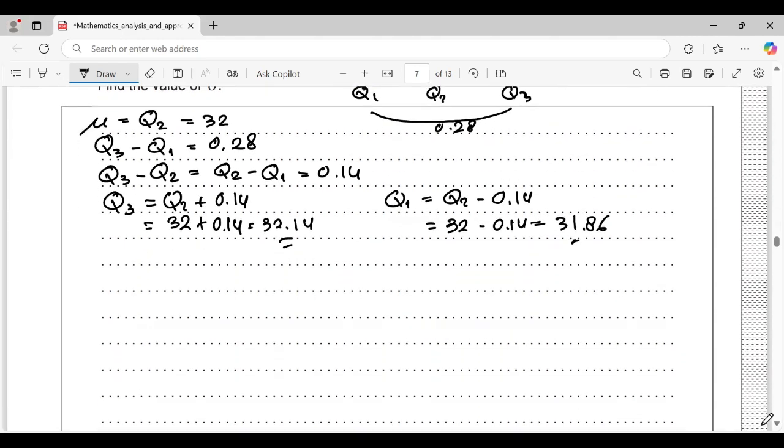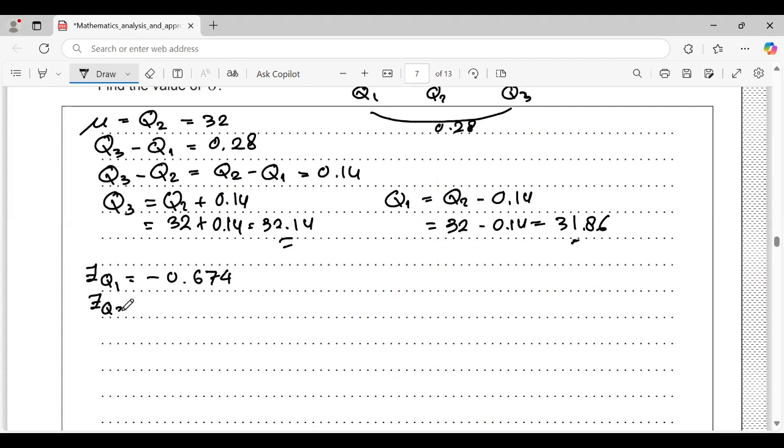You can use your calculator or your table using the z-scores for the quartile. The z-score of the first quartile is minus 0.674. In percentile, this is the 25th percentile.